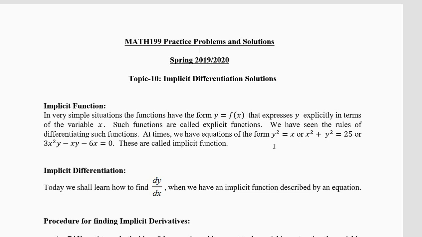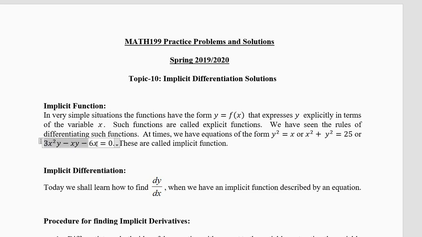But sometimes you have mixed functions. For example, y square equal to x, or x square plus y square equal to 25. You can have a small equation or a big equation or a very big equation. Such functions are called implicit functions.